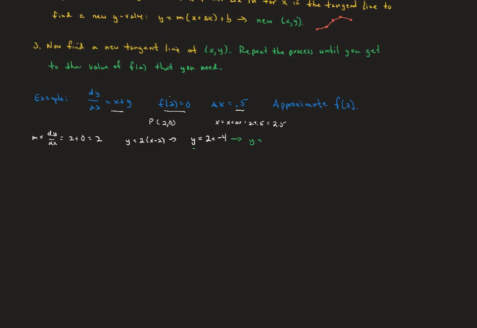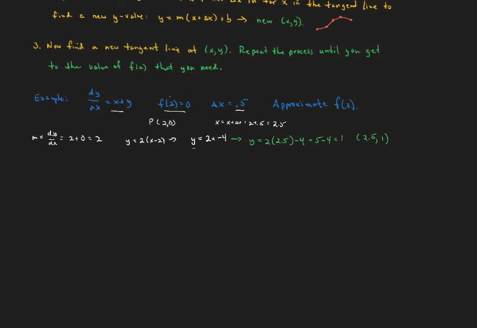So our new value of y is going to be 2 times 2.5 minus 4. So that's going to be 5 minus 4, which is 1. So that's now creating a new point, 2.5, that's our x plus delta x, comma 1, that's our new y value that we got from the tangent line.